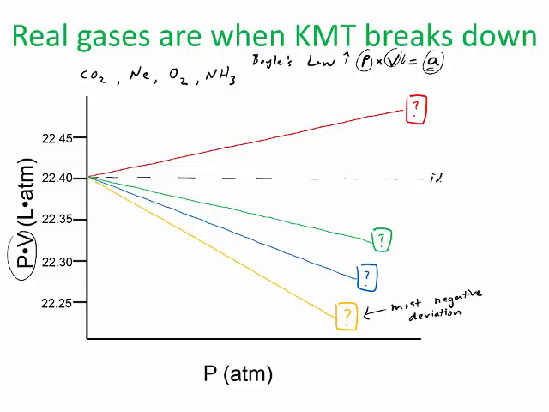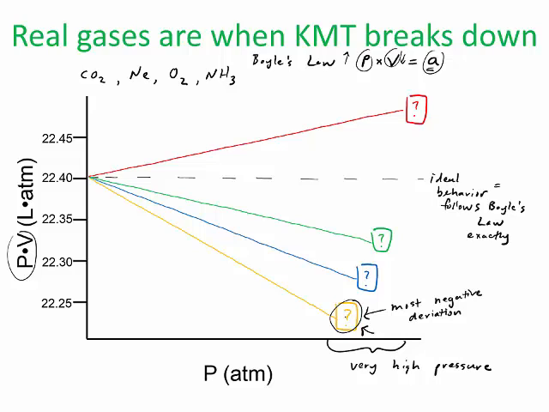This line right here represents ideal behavior, meaning it follows the gas laws, Boyle's law. So what about this gas causes it to exhibit this under very high pressure? So when you start getting around this range right here, you're under very high pressure.